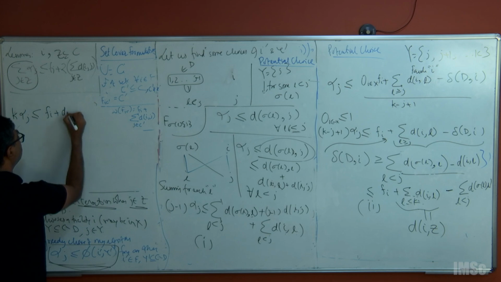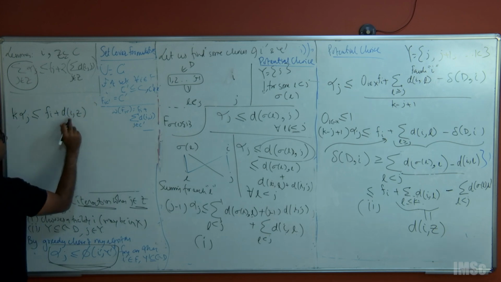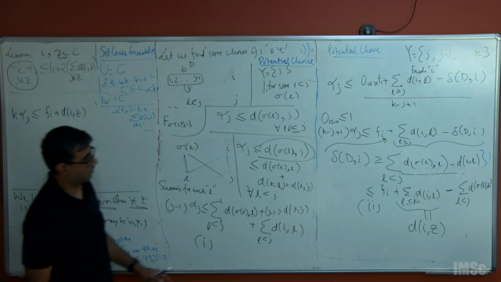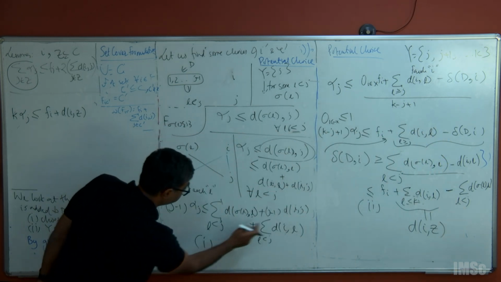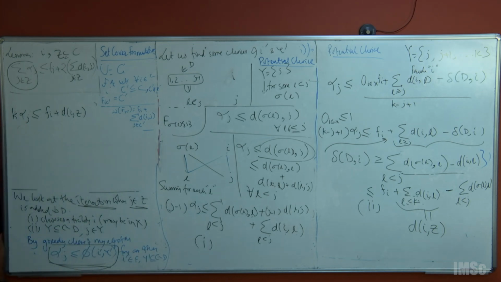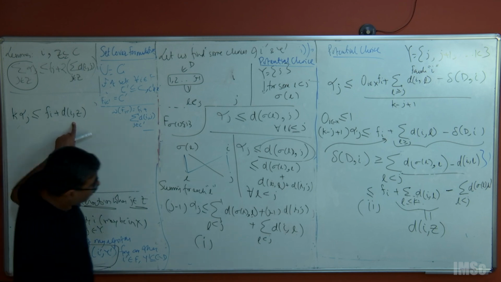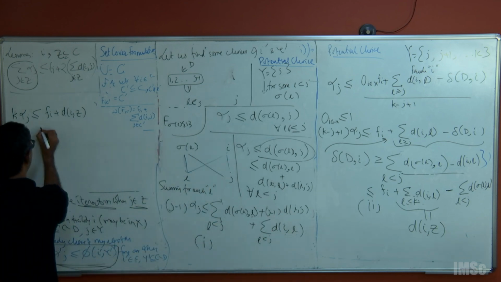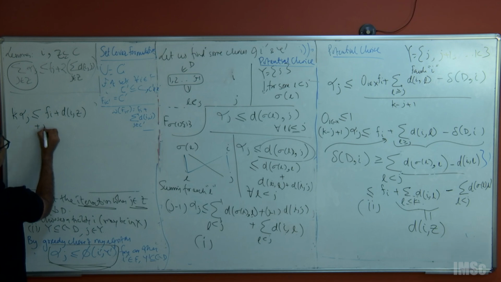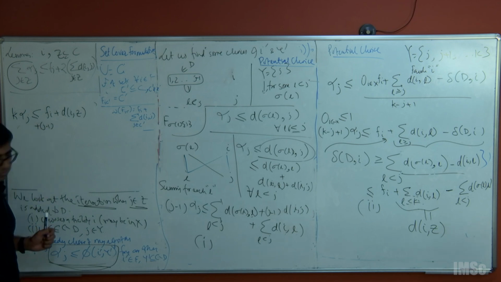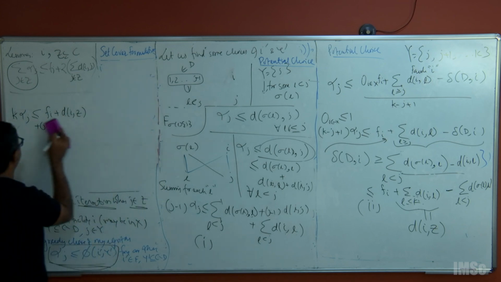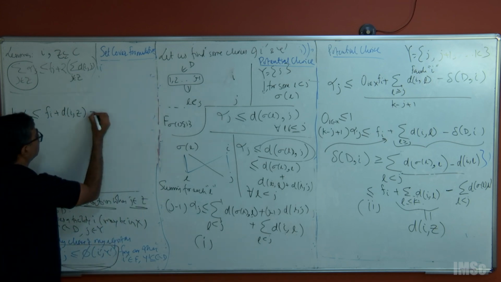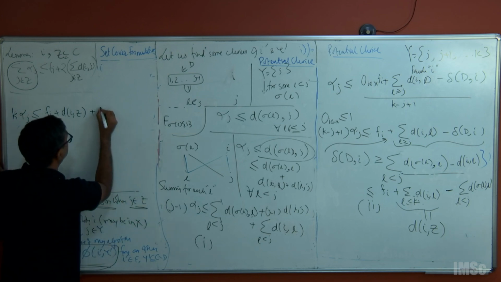So what can I say? Every element in Z has been assigned to I. That's all it means. And there is also this. So, Fi plus Diz, then we have this, plus j minus I, plus I.